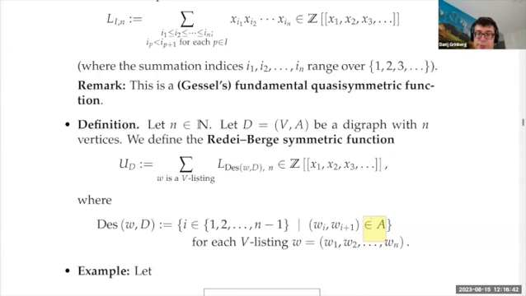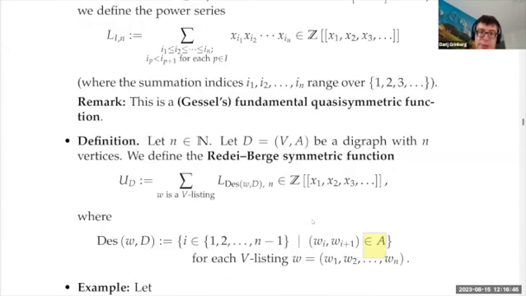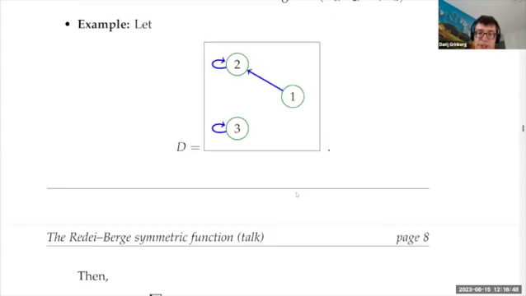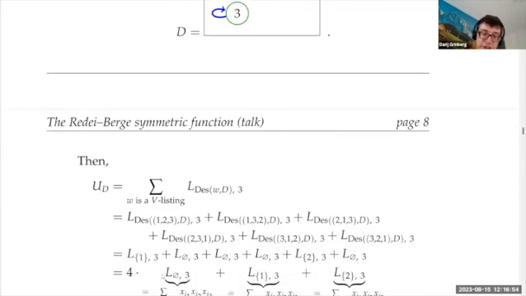All right, so I think I should give some examples because this is a little bit too dry. Here is a digraph D. It has 3 vertices, so it has 6 vertex listings, which are 123, 132, 213, 231, 312, 321. And for each of them, I take this L function. Now, what is this?